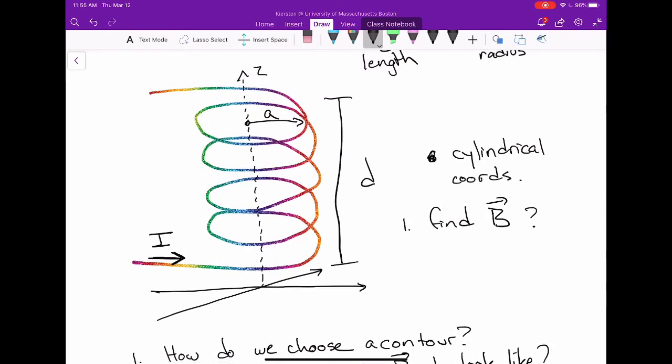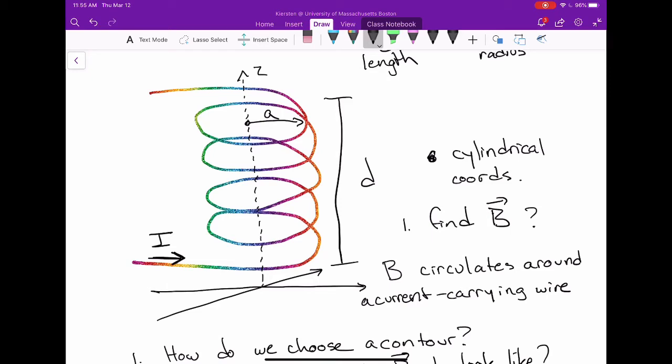Now, if you remember in class on Tuesday, I said that in general, the magnetic field tends to circulate around a current carrying wire in a right-hand rule-like direction.